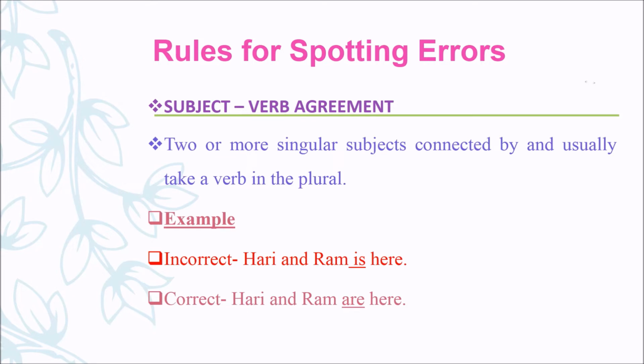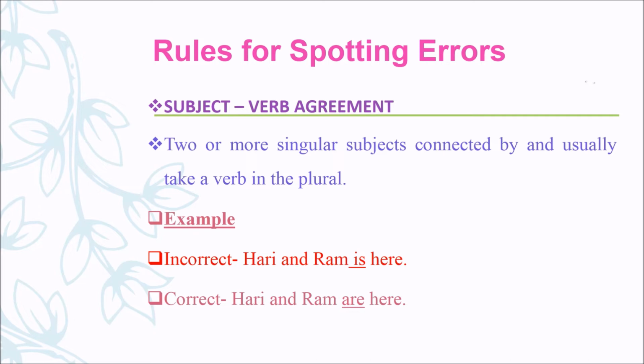Next, we are going to see rules for spotting errors. First, let's see subject-verb agreement. The rule is two or more singular subjects connected by and usually take a verb in the plural.